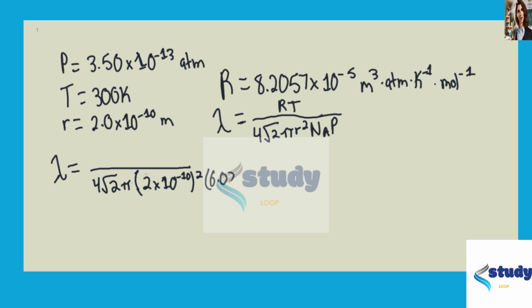Avogadro's number, 6.023 times 10 to the 23rd. And then our pressure of 3.5 times 10 to the negative 13th. And then RT. So RT would be our numerator.